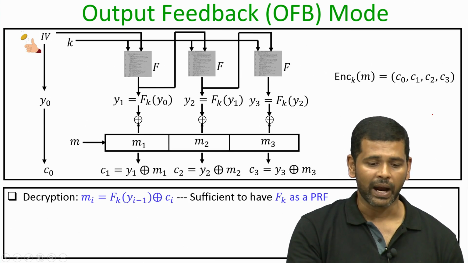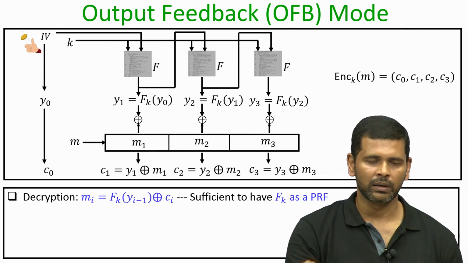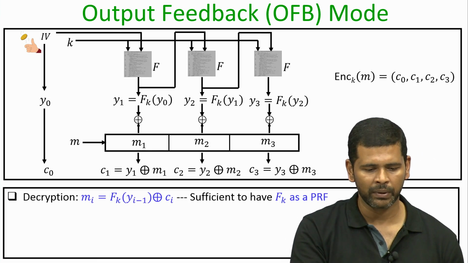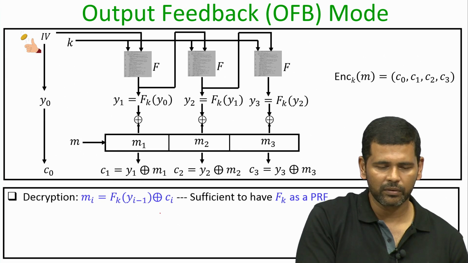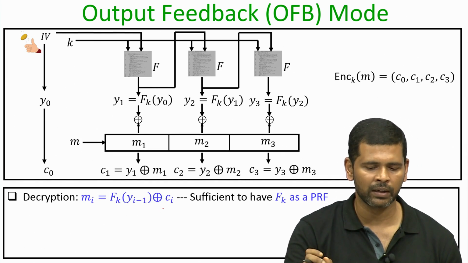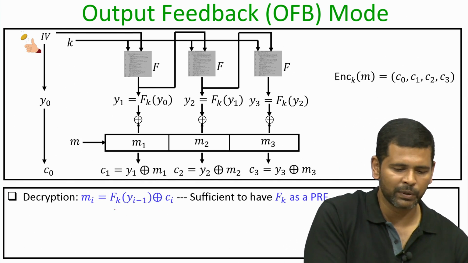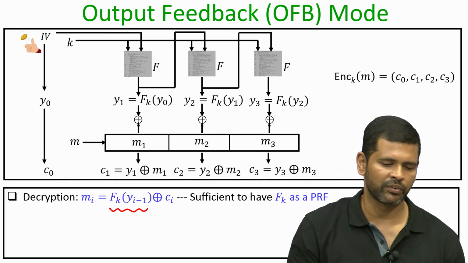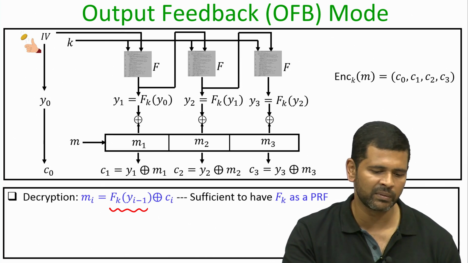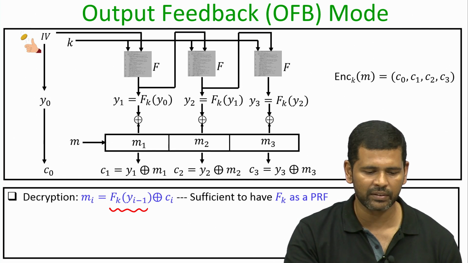And to decrypt, we do the corresponding operation, namely to recover the ith plain text block, the receiver needs the ith block of pseudo random stream of pad, which can be computed by just doing this operation, and once the ith block of pseudo random stream of pad is available, it can be XORed with the ith cipher text block to recover the plain text.